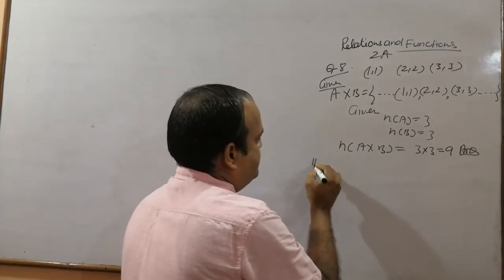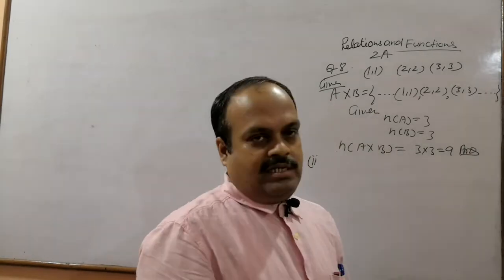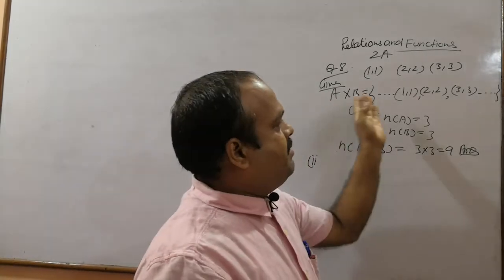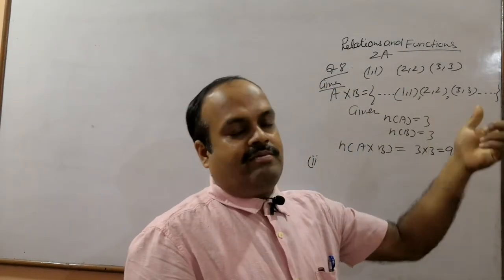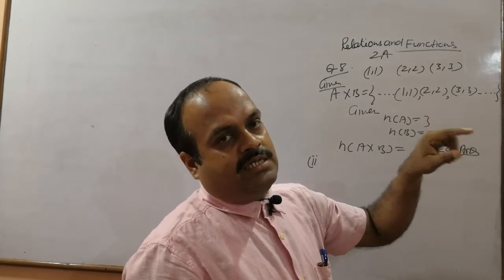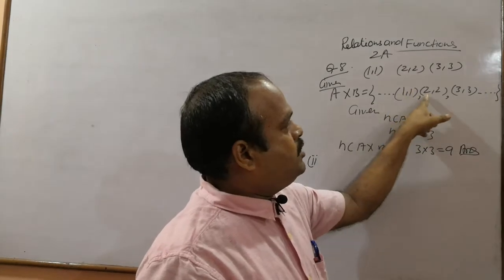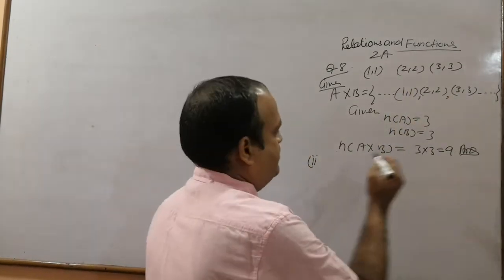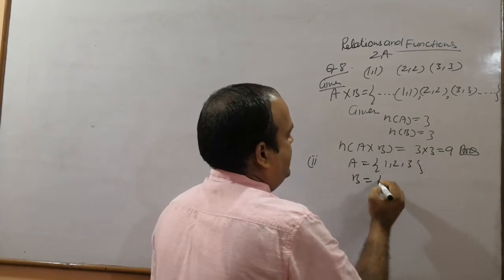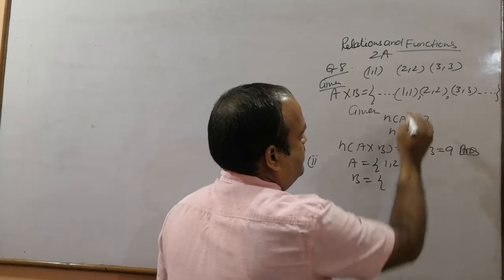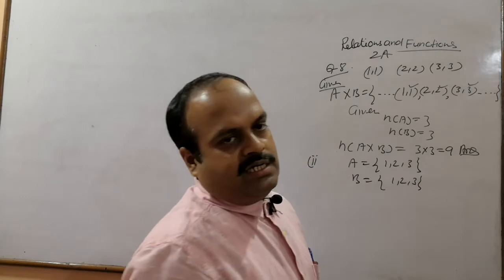Second part, we have to find the remaining elements of A cross B. After examining the elements of A cross B, we can say that set A had its elements as 1, 2 and 3, and set B has its elements as the second entries 1, 2 and 3.